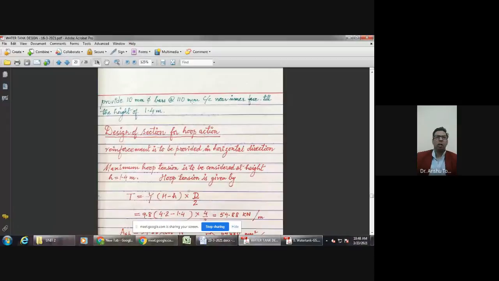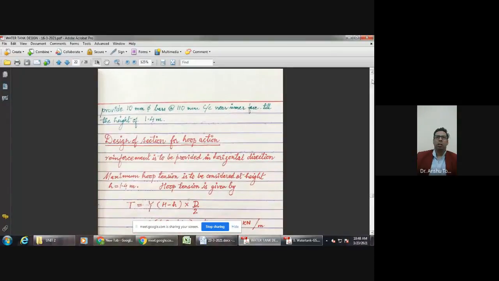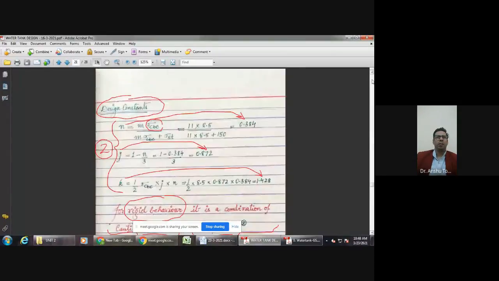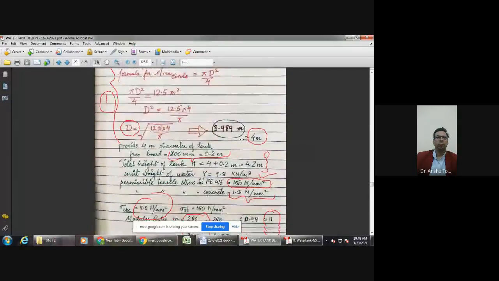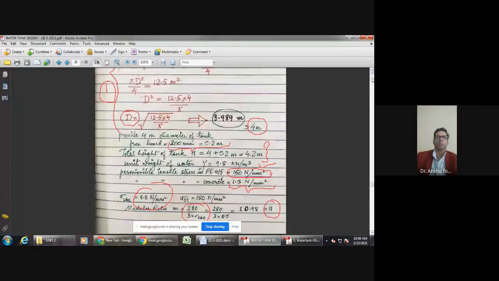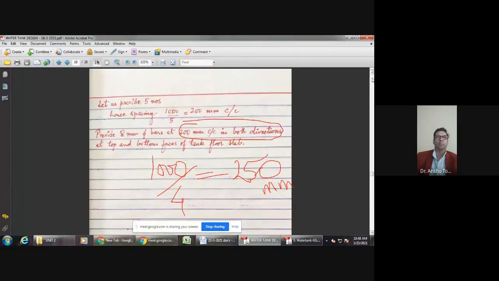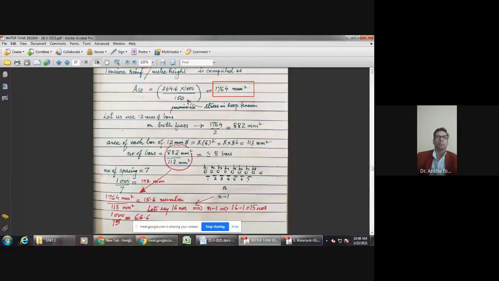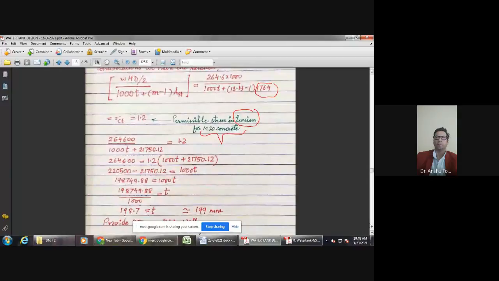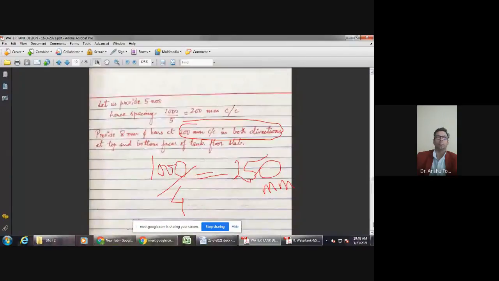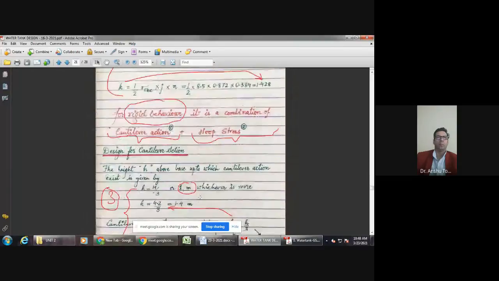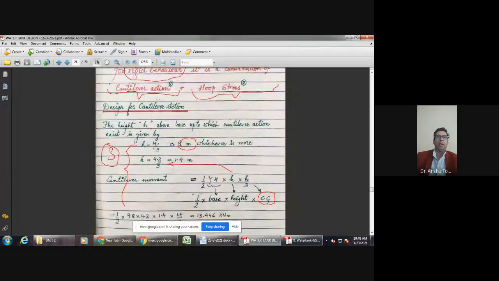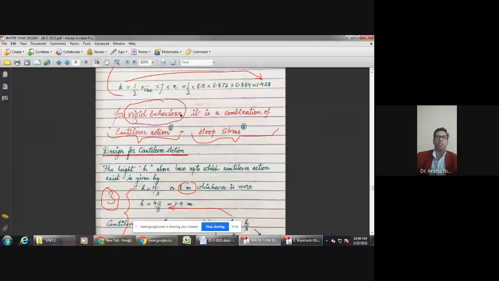Now we have got two actions. One is cantilever action, another is hoop stress.